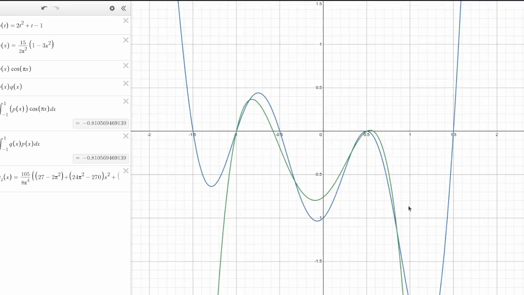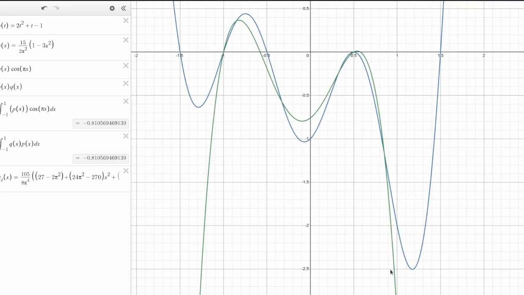If you look over the interval -1 to 1, they're actually a little bit off from each other. But the amazing thing is that over the interval -1 to 1, the places where the green one is higher than the blue one are counteracted by the places where the green one is lower than the blue one. That is, those two things balance each other out. So you end up getting that the integrals are the same.